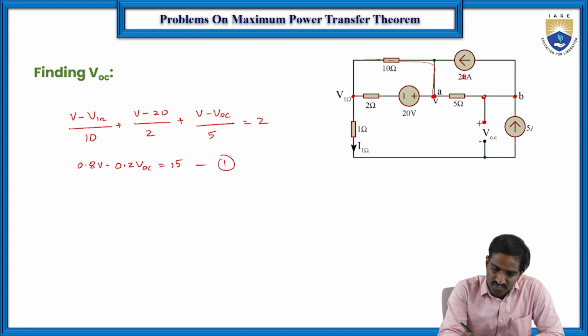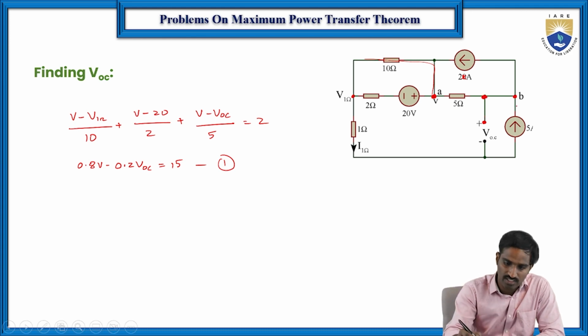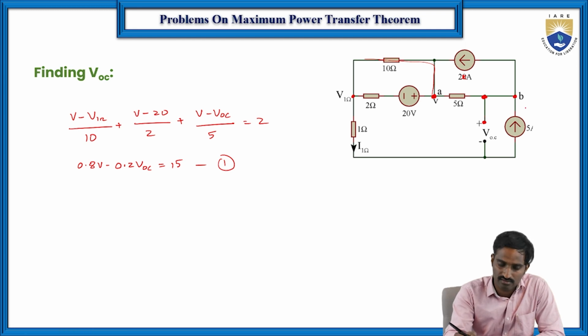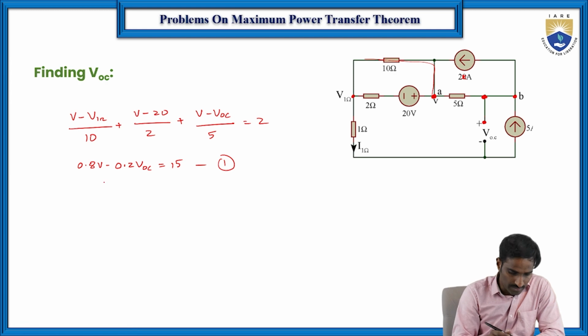Then again, here is one more terminal, B. With respect to B, again apply the same nodal analysis.